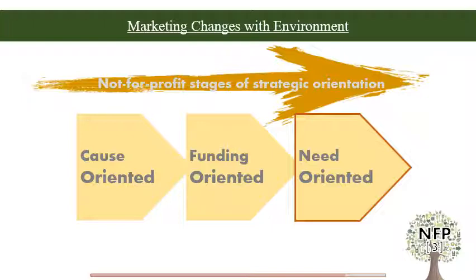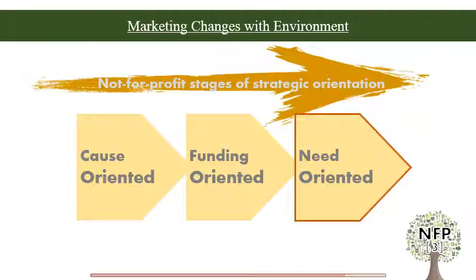So one of the things that distinguishes an NFP organization as effectively enacting a need orientation is when it considers the successful attracting of funding to be a consequence of having delivered on its guiding objectives, rather than seeing the attraction of funding as a form of success in and of itself.